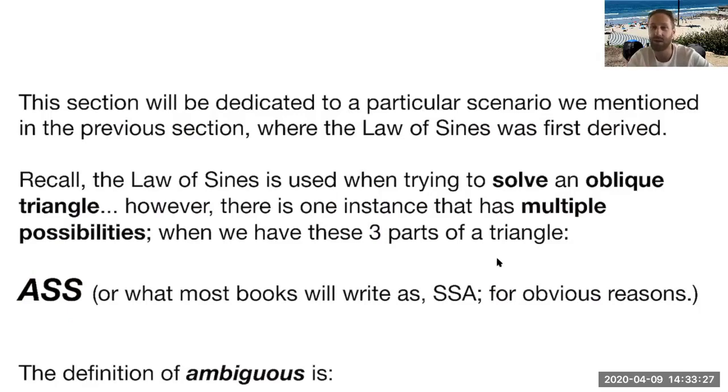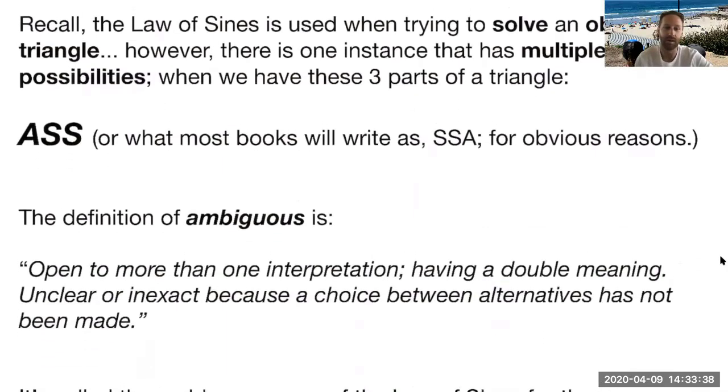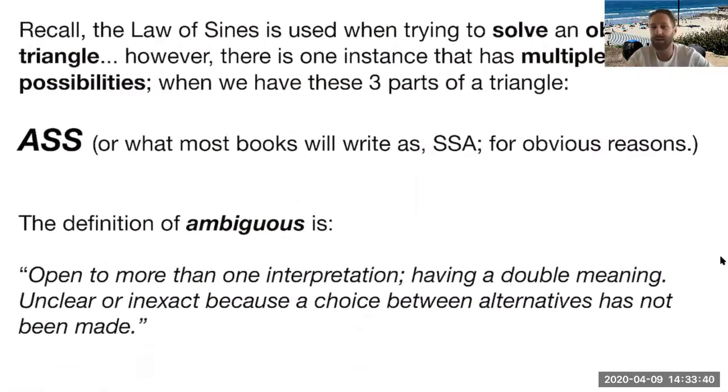So make sure that you check for all of the possible cases. So, real quickly, wanted to talk to you about what it means to be ambiguous. So, I wrote down the definition here for you, and that is basically that it can be interpreted more than one way. Okay. And so, for us, we have to make sure that we look for that whenever we have an angle side side scenario.